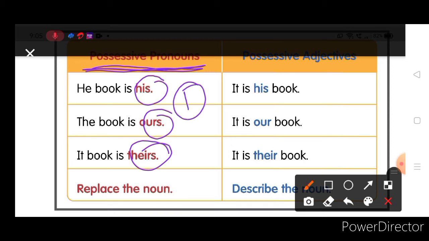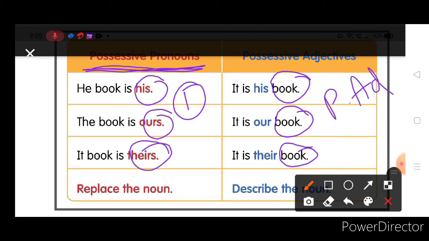And the second one is possessive adjectives always come before the noun. When the pronouns are before the noun, then they are called possessive adjectives. Once again I repeat, possessive pronouns most of the time end the sentences.